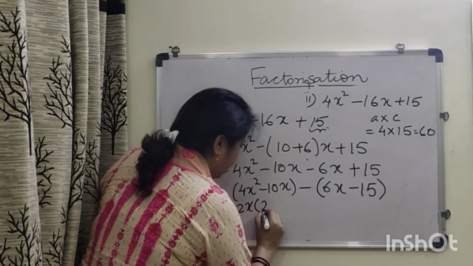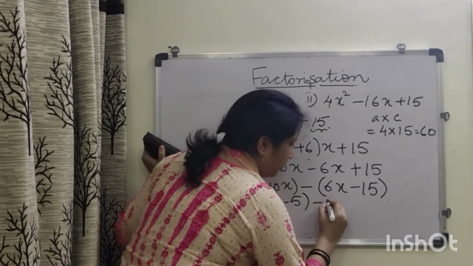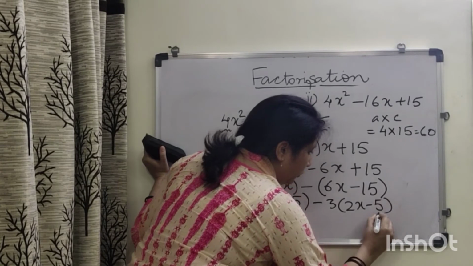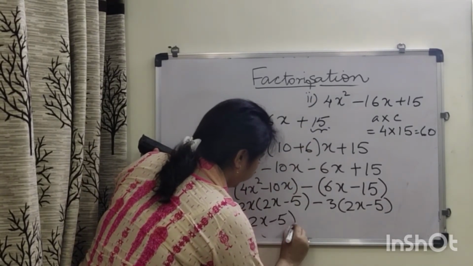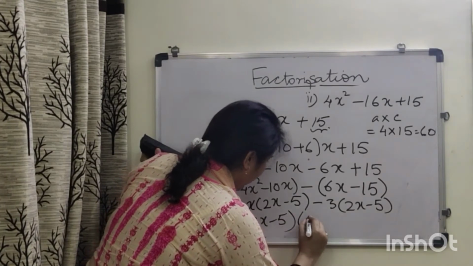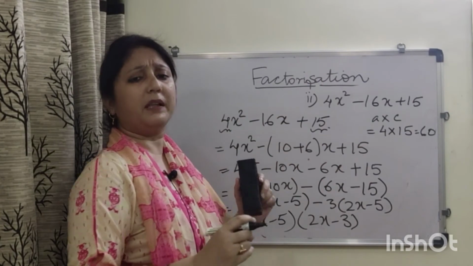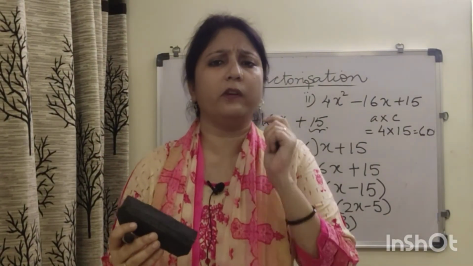What will be left? 2x minus 5. Here you take 3 common. You will get 2x minus 5. Now you take this binomial 2x minus 5 common. So you are left with 2x minus 3. This is the first method where we have taken the factors 10 6s are 60.